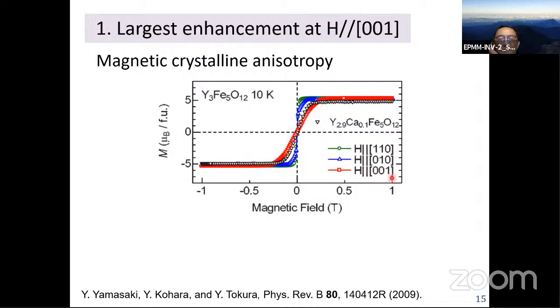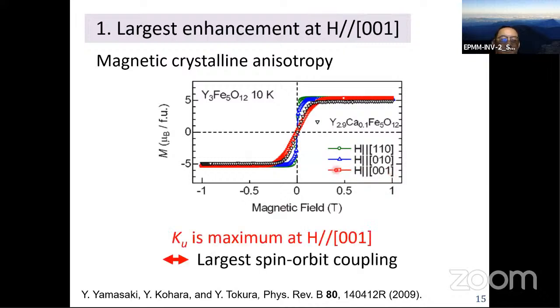So 001 is the hard axis. So the magnetic crystalline anisotropy becomes maximum in the 001 direction, suggesting the largest spin-orbit coupling. This is very consistent with our result. We observed strong spin-lattice coupling under this condition.